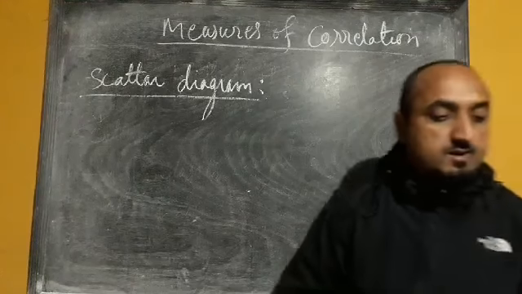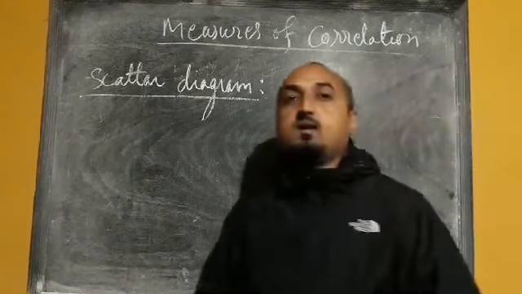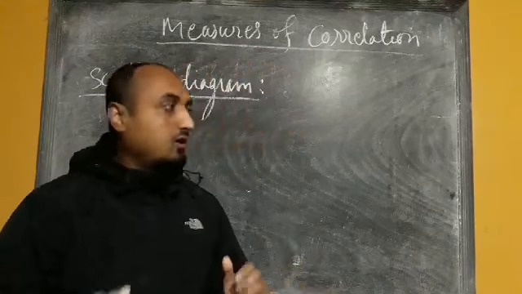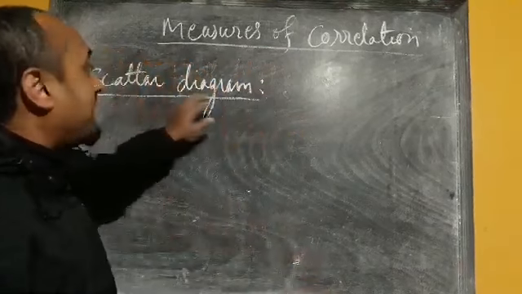So scatter diagram is a graphic expression of degree and direction of correlation. Once again, what is this scatter diagram?